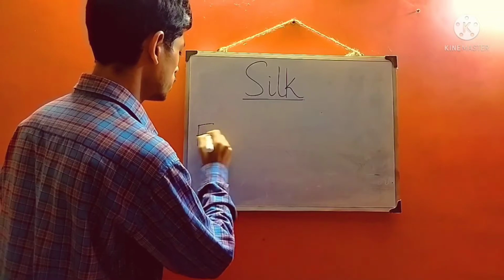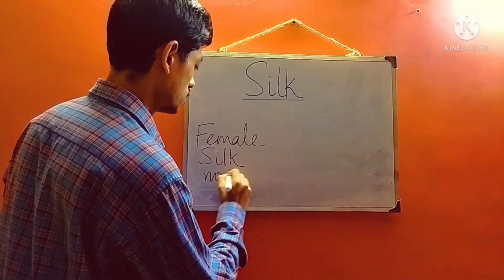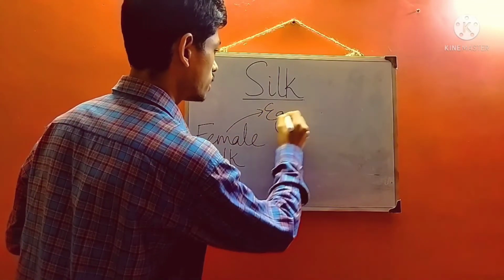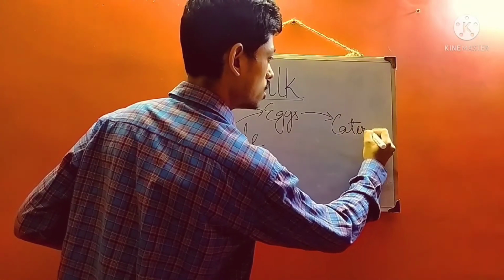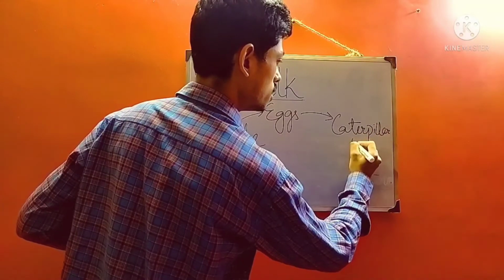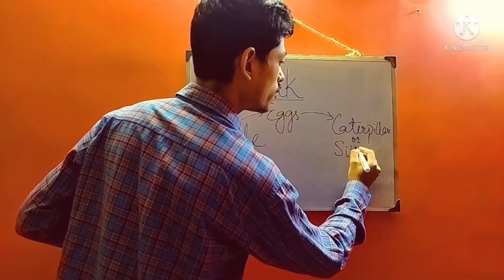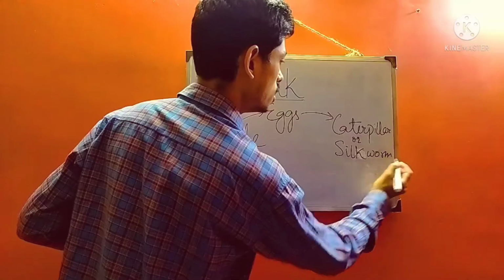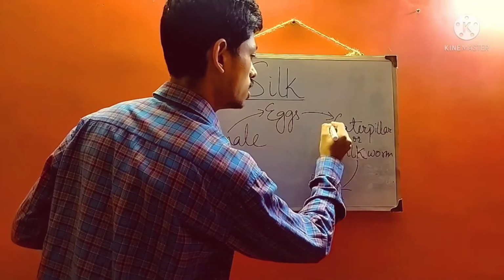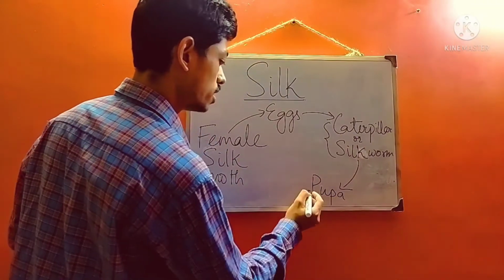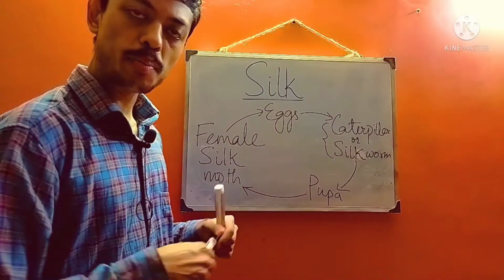The female silk moth lays eggs, then from the eggs the caterpillar or the silkworm, which is the larval stage of the silk moth, then pupa, and finally the adult male and female silk moth.